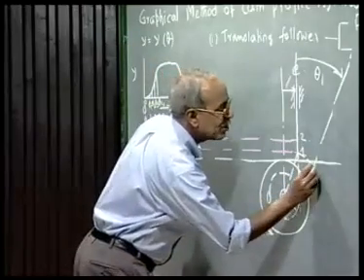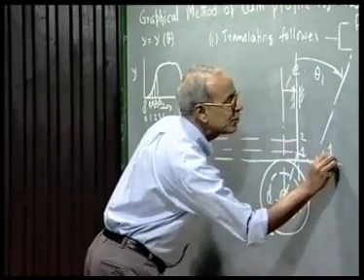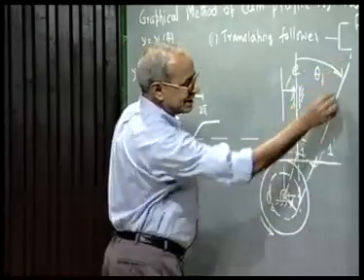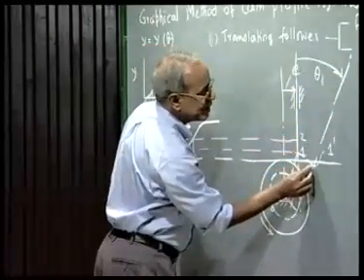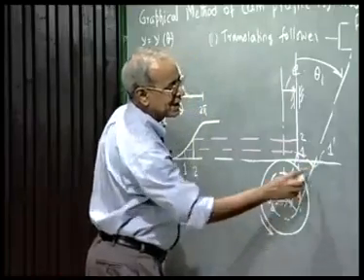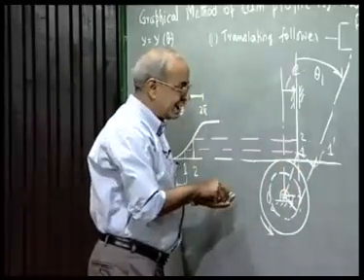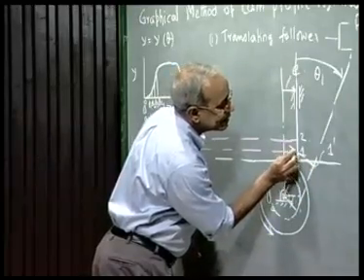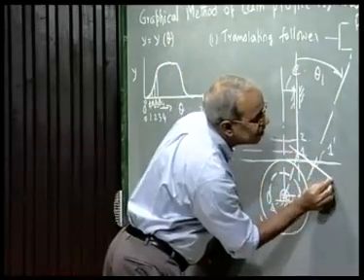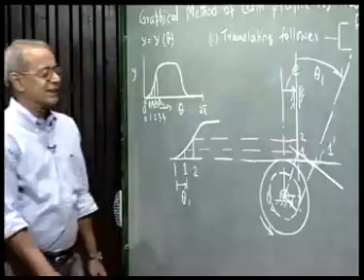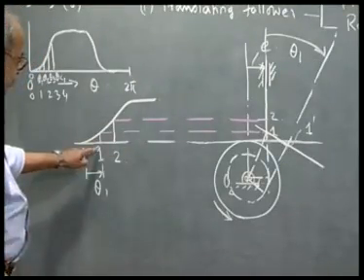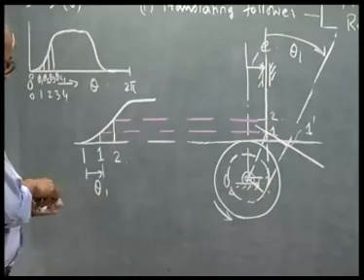I give it a name, say 1 prime. This is the follower axis, so the follower face is perpendicular to that, but at this distance. So, I draw a line perpendicular to the follower axis. This line represents the follower face after kinematic inversion corresponding to station point 1.